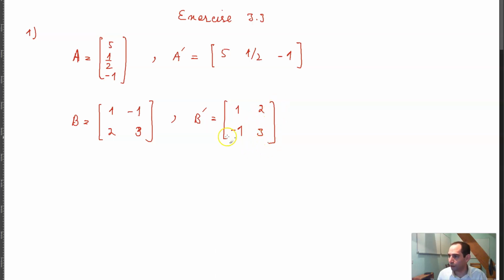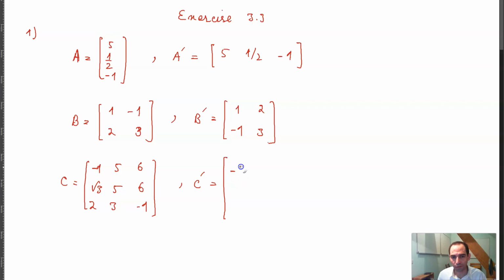Or if you have some matrix C, -1, 5, 6, square root of 3, 5, 6, and 2, 3, -1, then the transpose of C is basically -1, 5, 6, 2, 3... that is, -1, 5, 6, and square root of 3, 5, 6, and 2, 3, and -1. So that is your matrices.